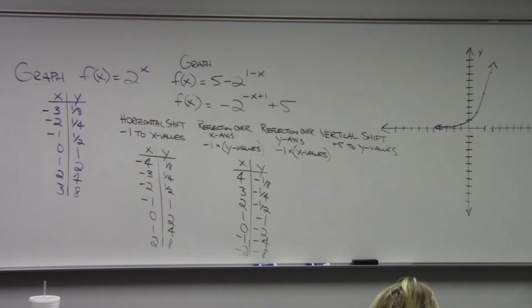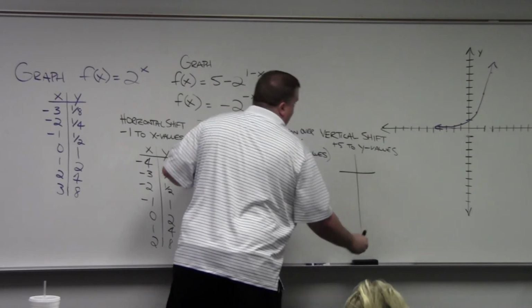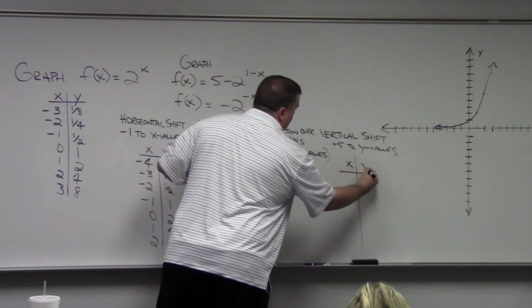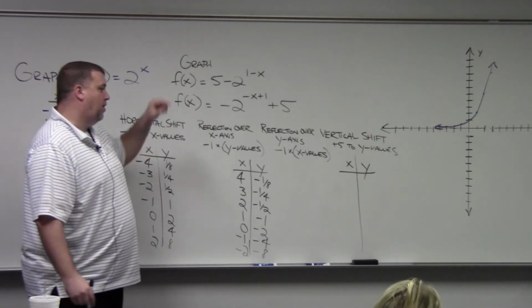Only have one more transformation left. That's the vertical shift. I need to add 5 to my y values. Is that affecting my x values at all? No. That vertical shift is only going to be in the y direction.